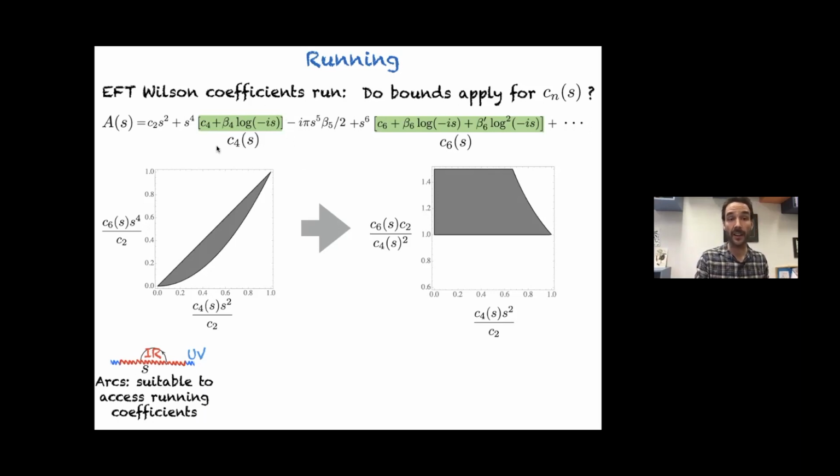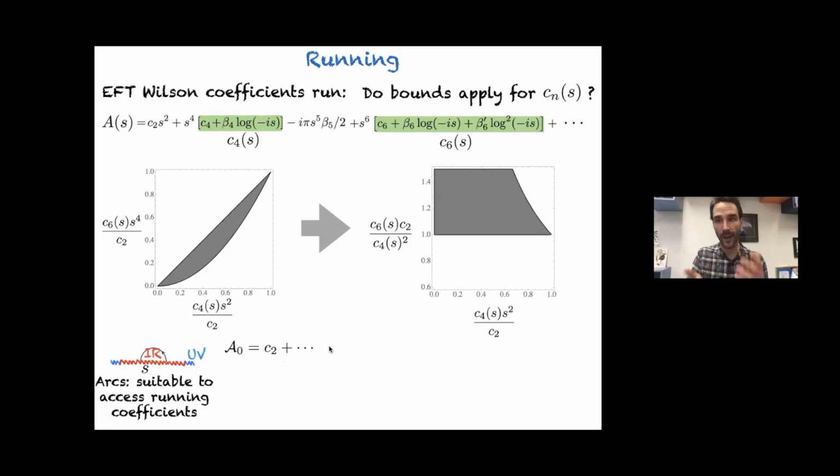So you're really accessing the running coefficients directly. And in fact, you find that the zeroth arc is equal to C2. This is exactly like at tree level, because C2 doesn't run. We are assuming a Goldstone boson, and the first coefficient cannot run by dimensional analysis. There are some corrections here that I don't write because they are small in perturbative theories.